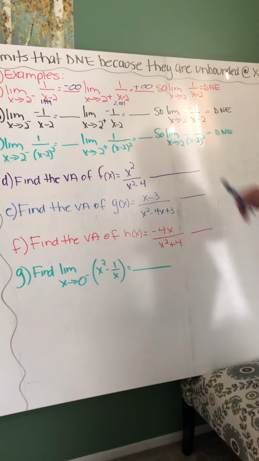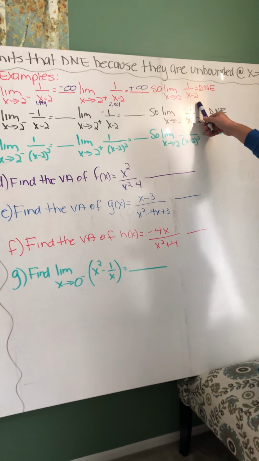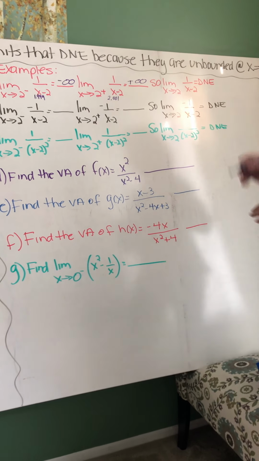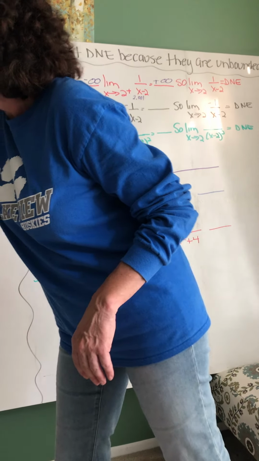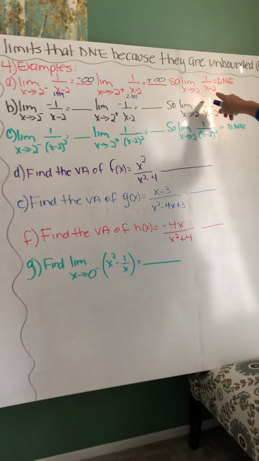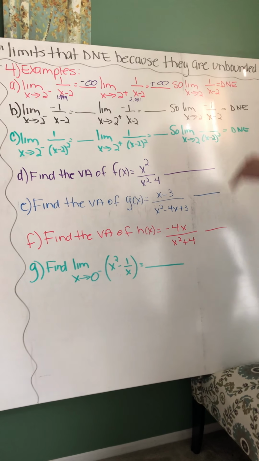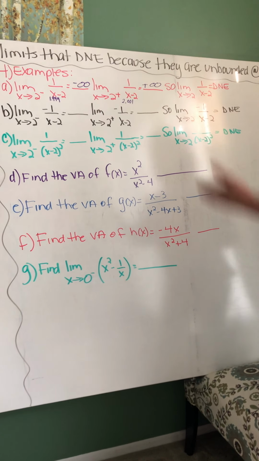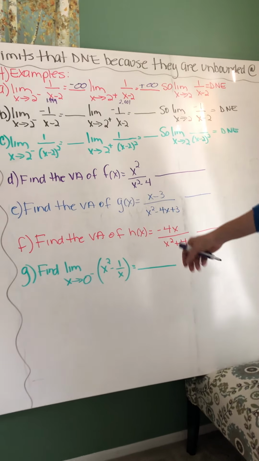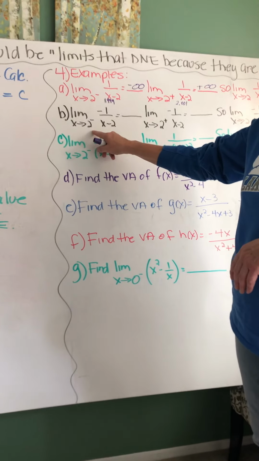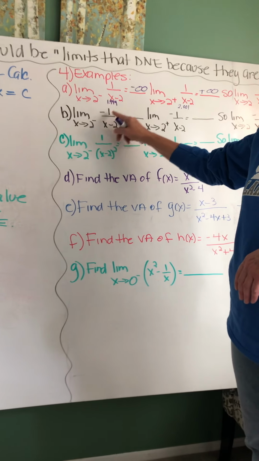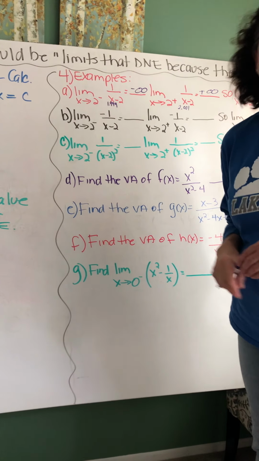And what you could do is you could actually graph this in the calculator. 1 over x minus 2, it has these 2 branches here, right? And it's been moved to the right 2. So you can pop that in and see if you are correct on your assessment here. Let's take a look here. The limit as x approaches 2 from the left of negative 1 over x minus 2.